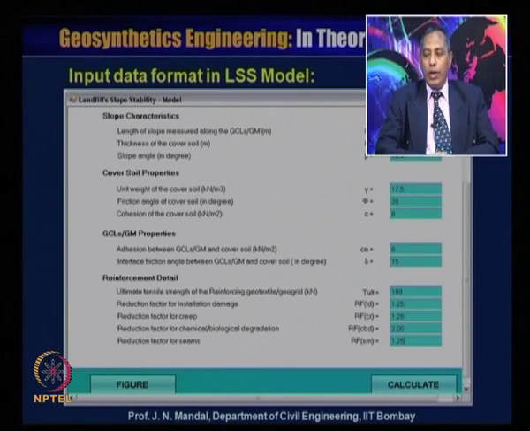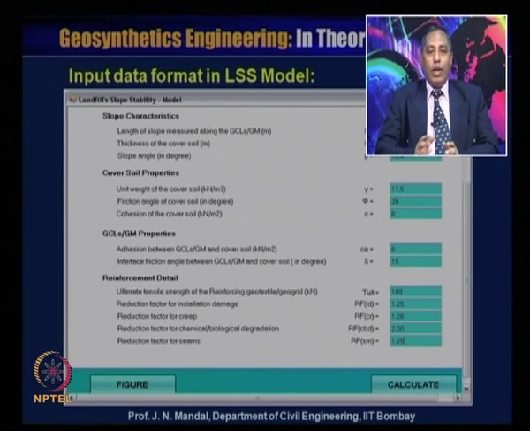Reduction factor for installation damage is 1.26, then reduction factor for creep, RFCR, is 1.29, and reduction factor for installation damage RFID is 1.25, and reduction factor for chemical and biological degradation, RFCBD, is equal to 2.0, and the reduction factor for seams. Sometimes it is required to join the geotextile material, and that RFSM is equal to 1.25.